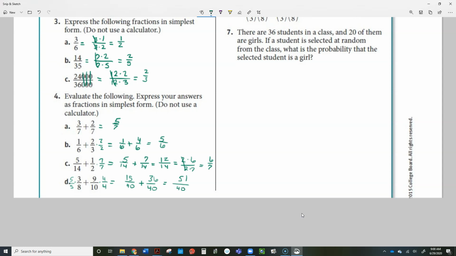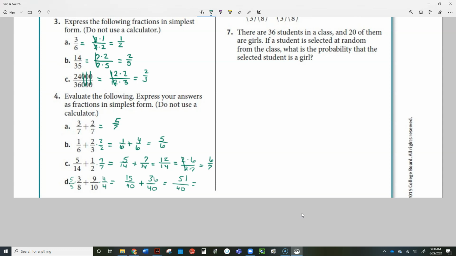51 over 40. Now, I know that that's a mixed number. It doesn't tell me fractions in simplest form, so maybe I should try to reduce it or change it to a mixed number. It didn't tell me a mixed number, so I'm probably not going to change it to a mixed number because it doesn't say.